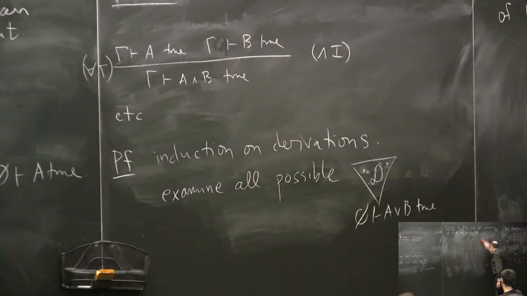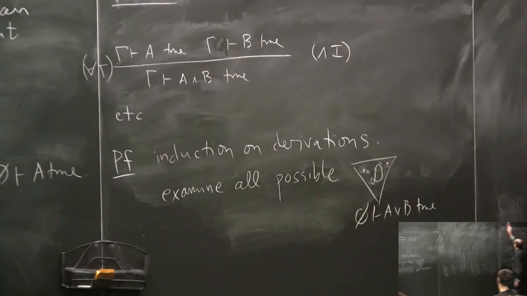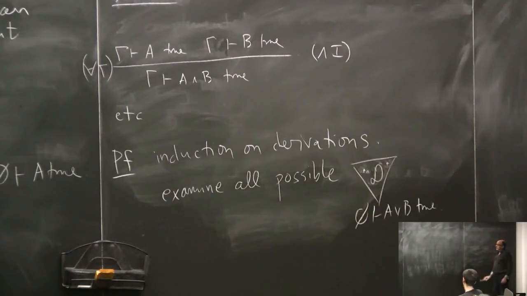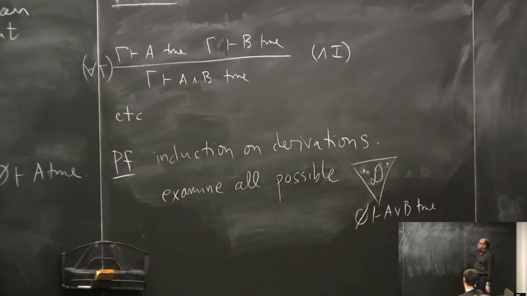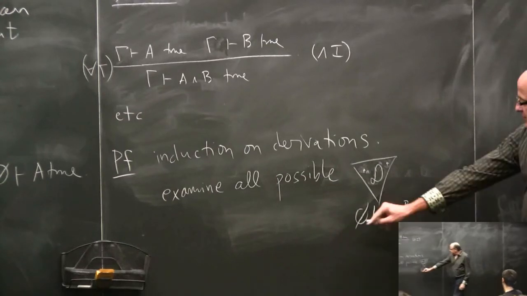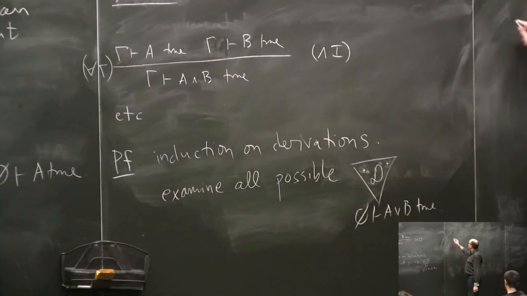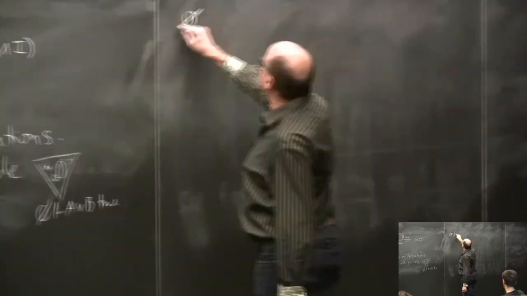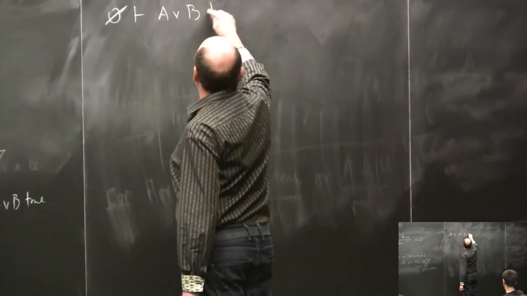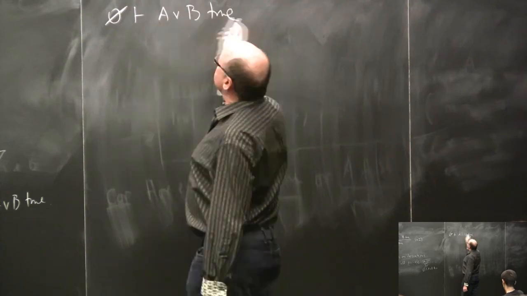Depending on how you approach the problem, you might start out getting lucky and be optimistic. You say, let's look at all the possible derivations. Here's one thing that could happen. What could this derivation look like?